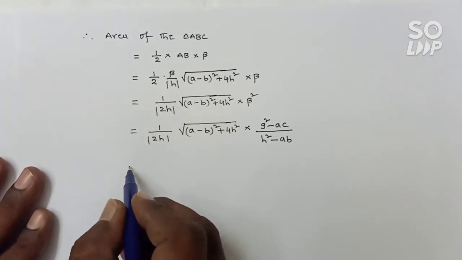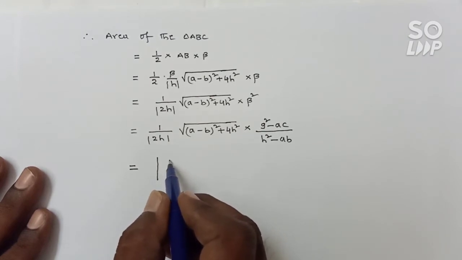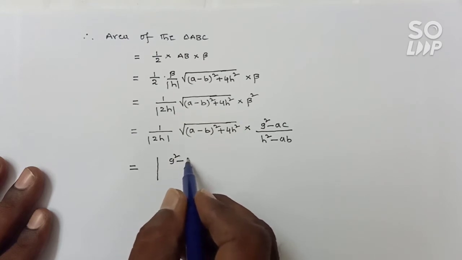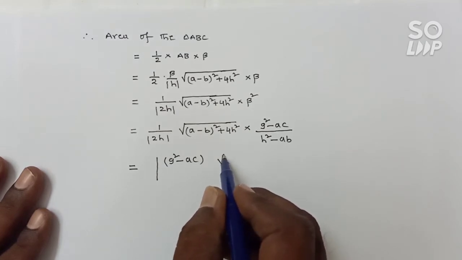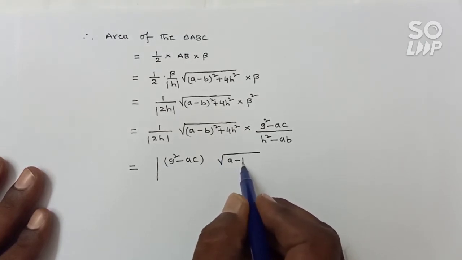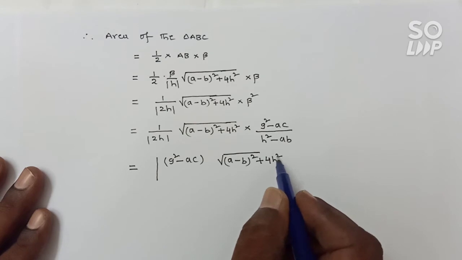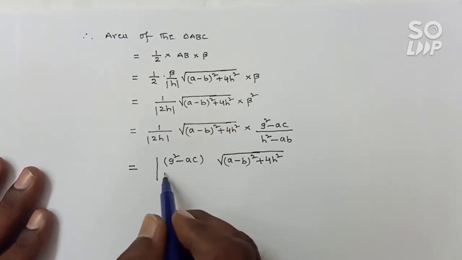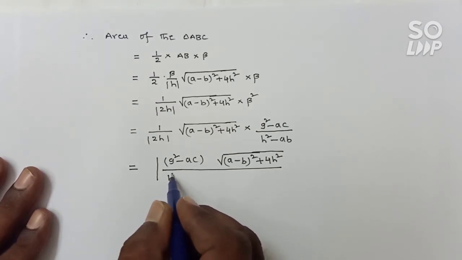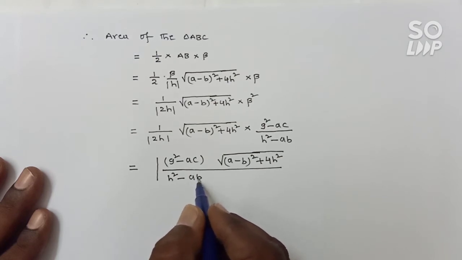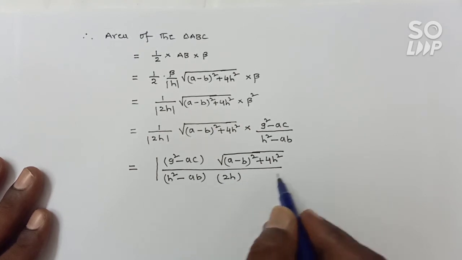Now finally you write this value as modulus of (g square minus ac) into (g square minus ac) into the root of (a minus b) whole square plus 4 into h square, whole divided by (h square minus ab) into 2h.